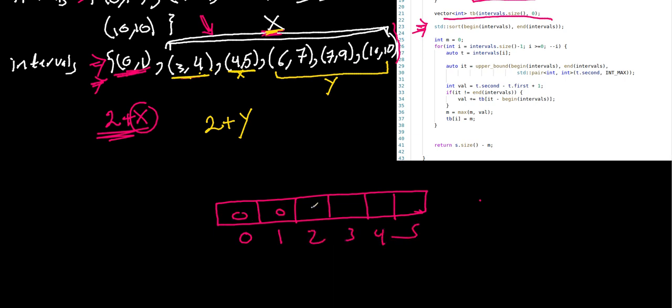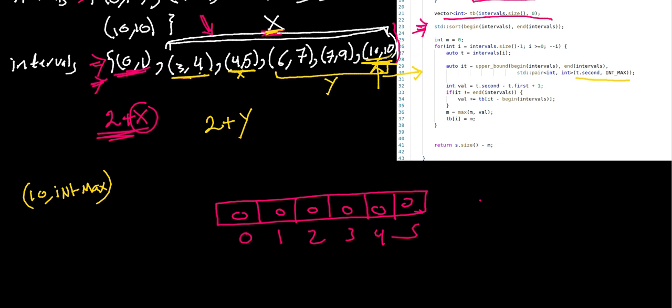Initially it has the value zeros, and we start from the end, the last interval 10, 10, and we look for the upper bound of 10, INT_MAX, and this is to find the first interval on the right side of the current one which does not overlap with the current one.